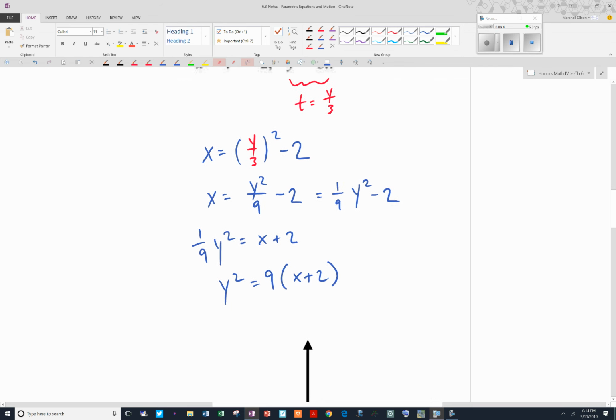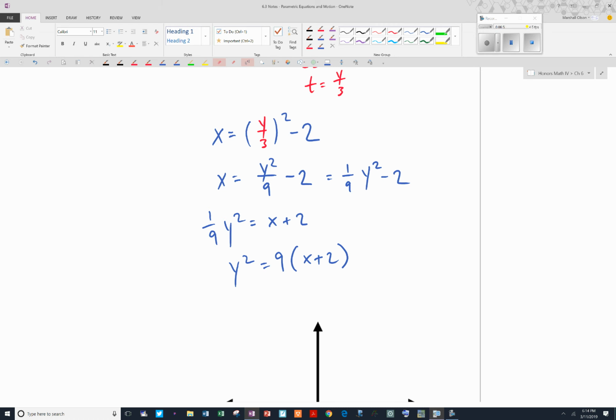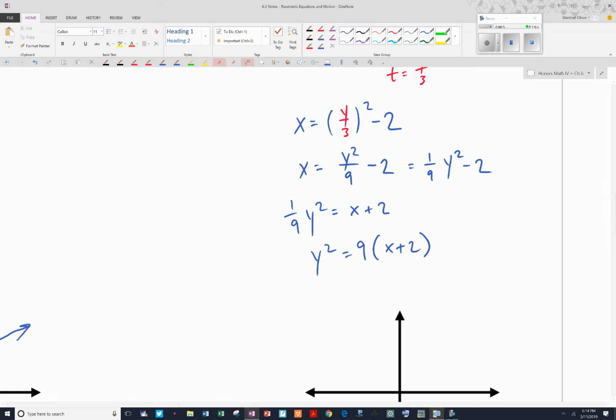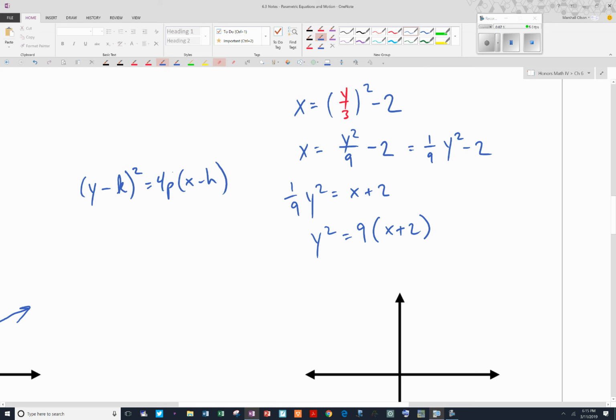And this is what I meant, this is a pretty legitimate way to leave this. And here's why. Maybe you remember a little bit from last year about our conic sections. We had horizontal parabolas as well as vertical parabolas. This is the form of a horizontal parabola. The vertex is (h, k), and then 4p would tell us all sorts of good things about the distance between the focus and the directrix, or the vertex.